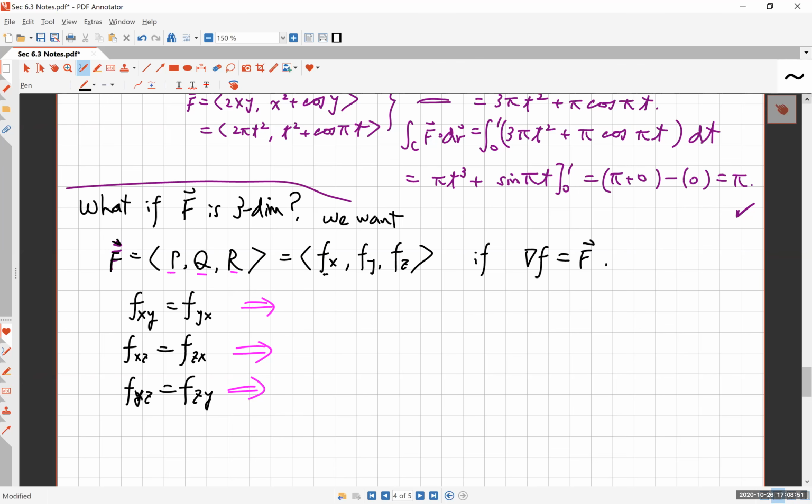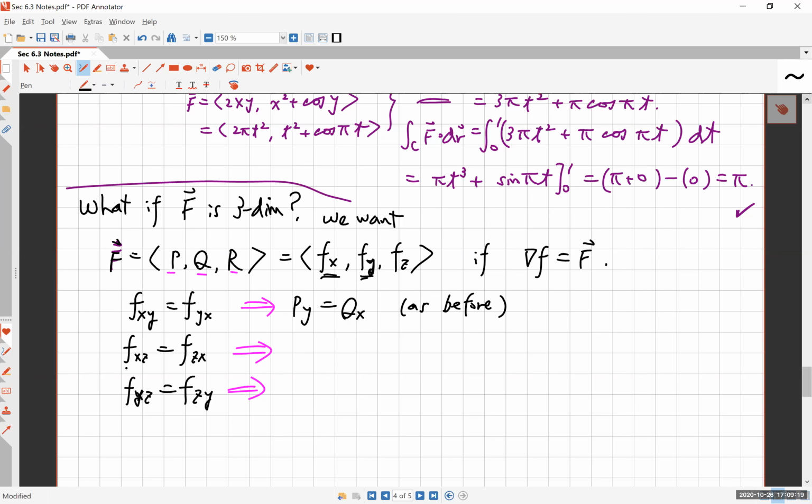f of xy is Py, and f sub yx is the middle one with respect to x, so that would be Qx. This is the same as before. In the two-dimensional case, Qx had to be equal to Py because f of xy and f of yx must be equal to each other.